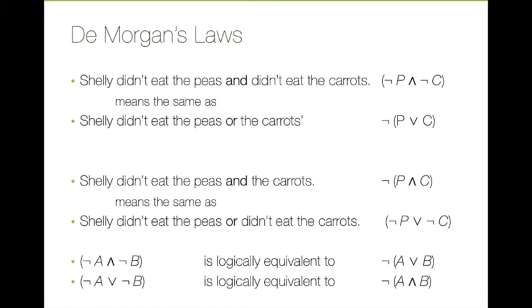So, not A and not B is logically equivalent to the negation of A or B. And not A or not B is logically equivalent to the negation of A and B. What this tells you is that if you see an English statement that could be translated as not A or not B, you could also symbolize that statement as the negation of A and B. Either of those symbolizations is equally good because they are logically equivalent.